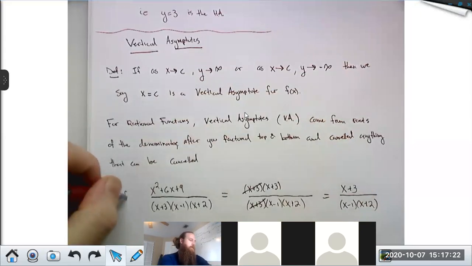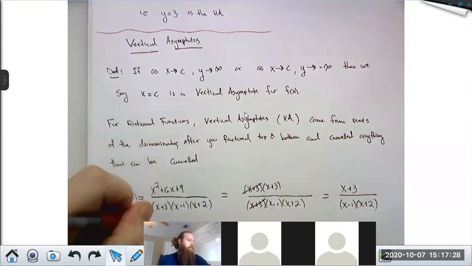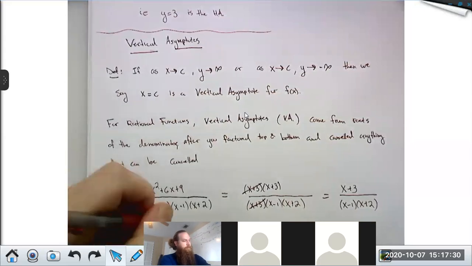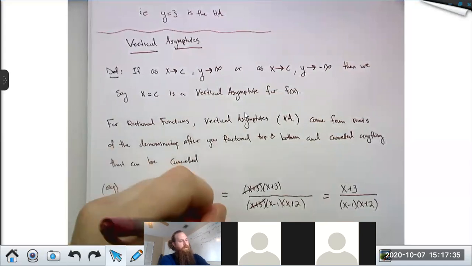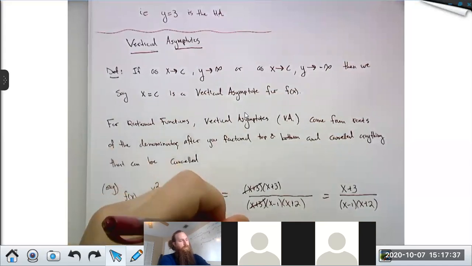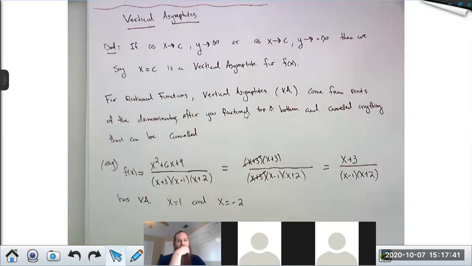So if this is f of x, then this will have vertical asymptotes x equals 1 and x equals negative 2. That's it.